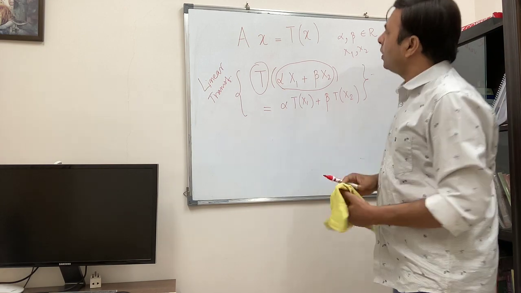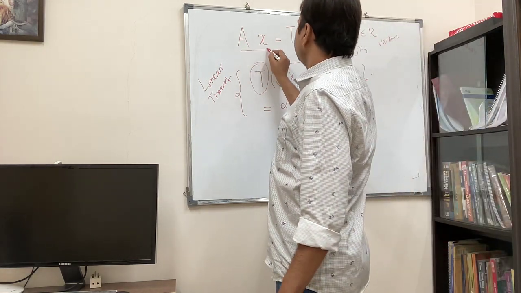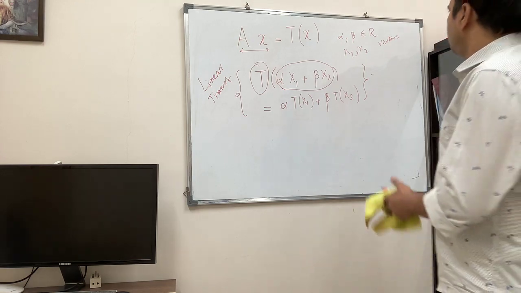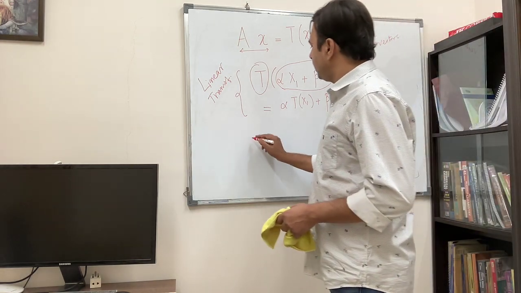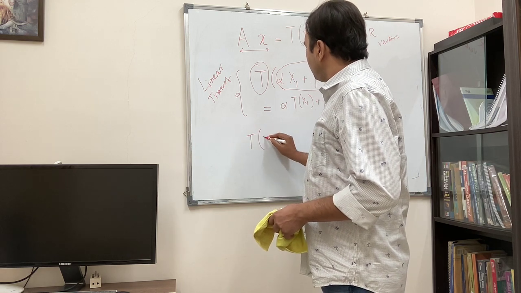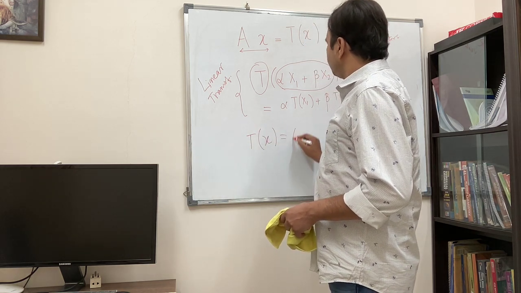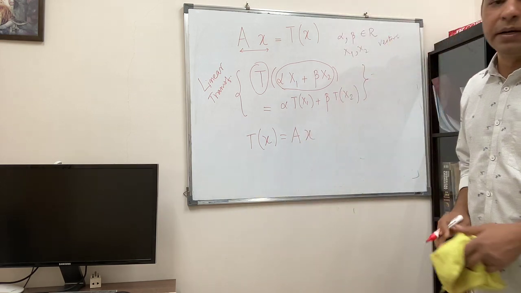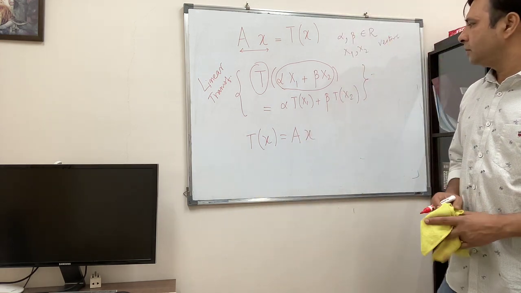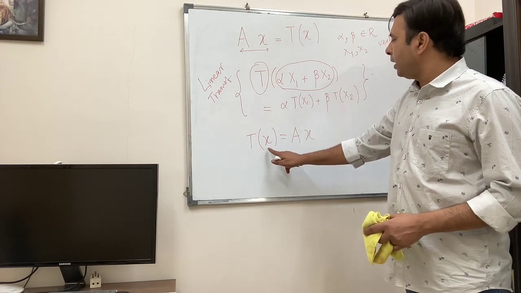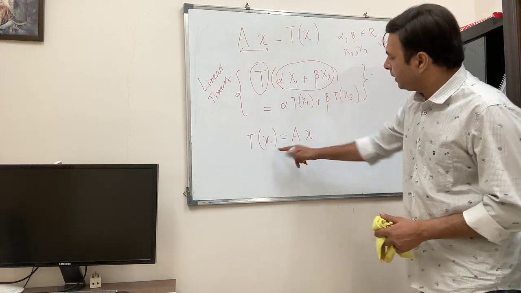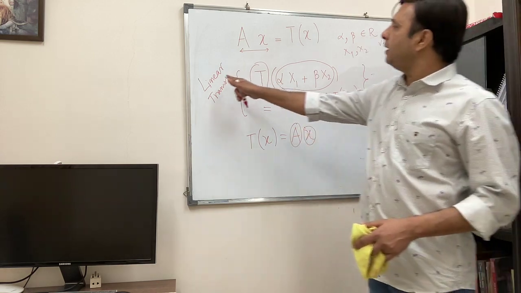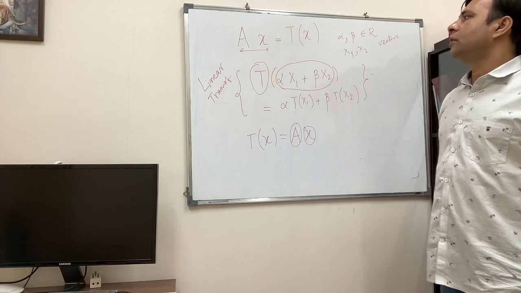So what about matrix multiplication? A matrix is also doing a transformation. If a transformation is represented by a matrix, so let's say I transform x into Ax, where A is any matrix, is that a linear transformation? What do you think?